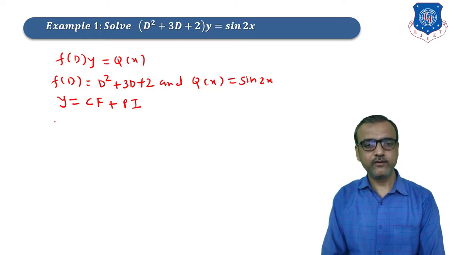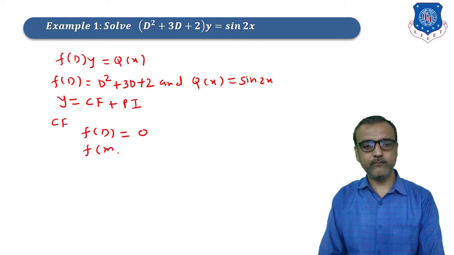So first of all we will find out CF. To find CF, we will take f of D equals 0 and replace D by m to get the auxiliary equation. So we have f of m equals 0. Now in f of D, that is D square plus 3D plus 2, we will replace D by m. So we have m square plus 3m plus 2 equals 0.